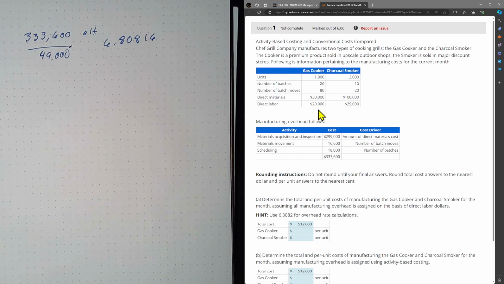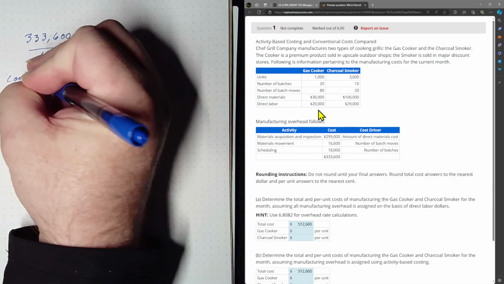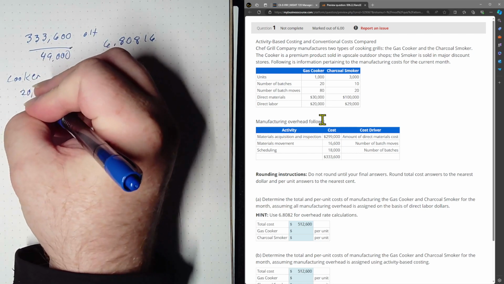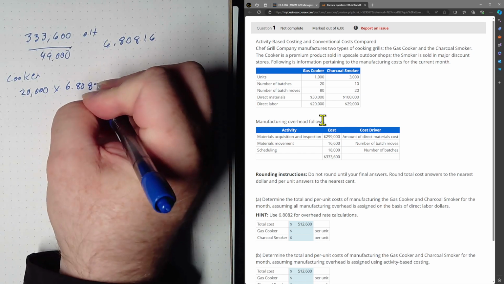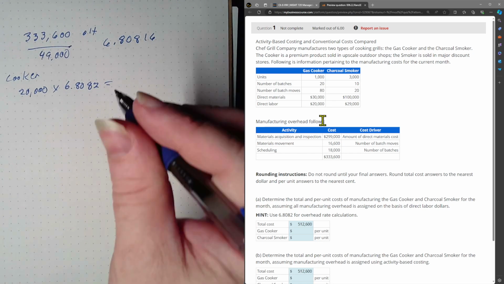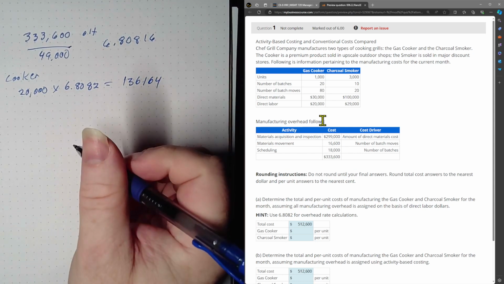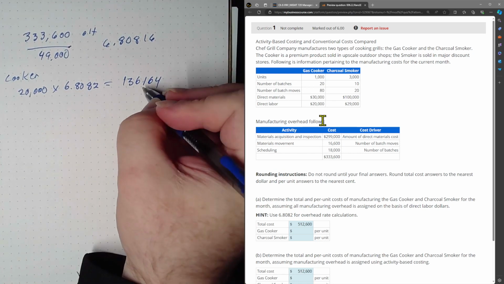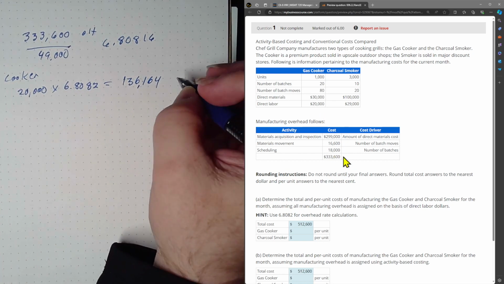So what were the direct labor dollars here for the cooker? It's going to be $20,000 times a rate of 6.8082, and that's going to give us 136,164, and that's the amount of overhead. That's the amount of this $333,000 that's overhead.